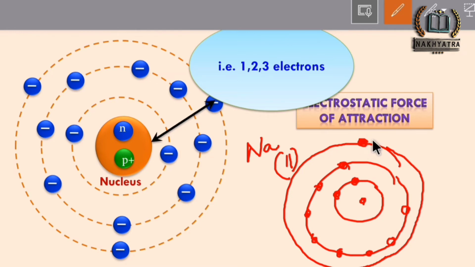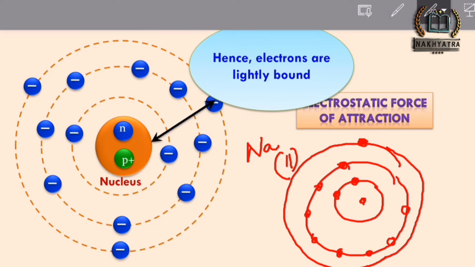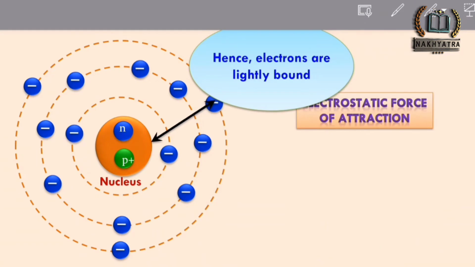The electron in the last orbit is very loosely bound, and hence it can be easily removed from the last orbit. I hope this is clear to you now.